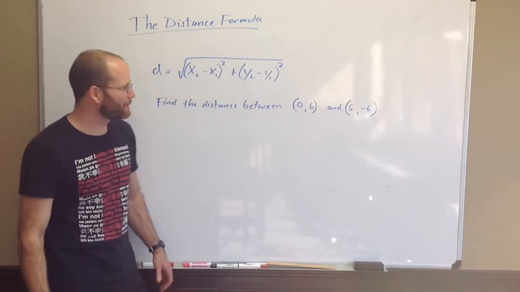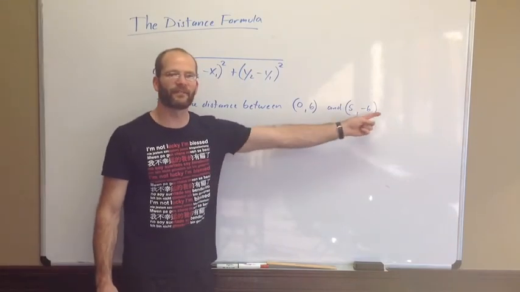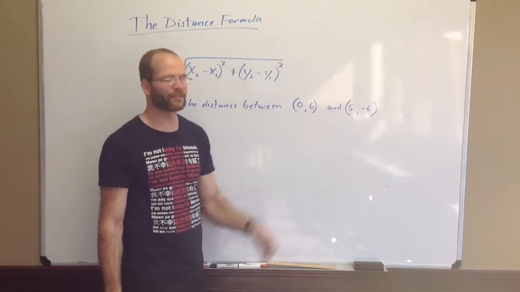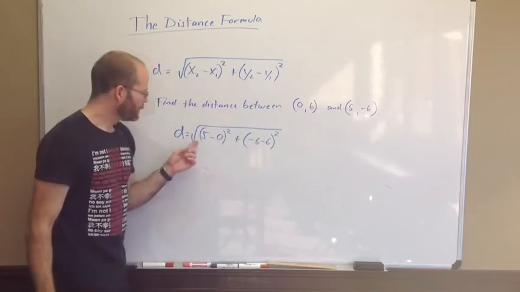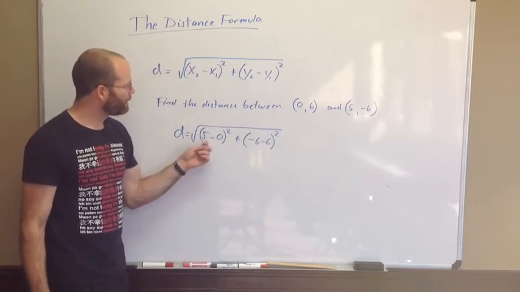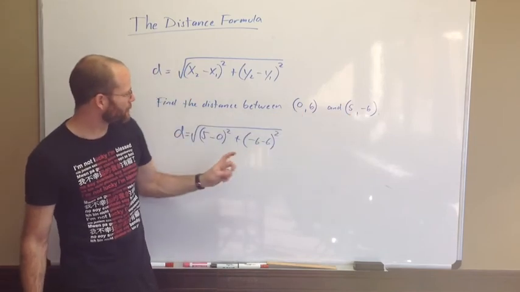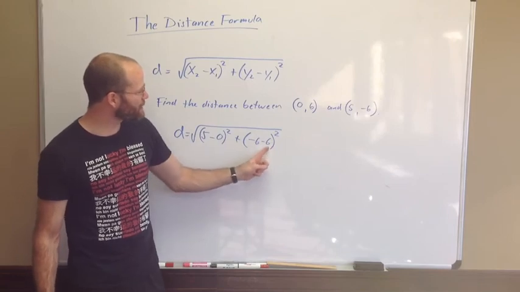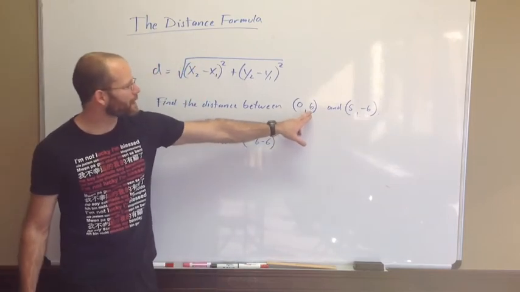Let's look at one more example. Here the question says, find the distance between 0, 6, and 5, negative 6. And this time, without drawing the graphic representation, we'll just go straight to the formula. So D equals the square root of 5 minus 0, that's x2 minus x1, squared, plus negative 6 minus 6, that's y2 minus y1, squared.